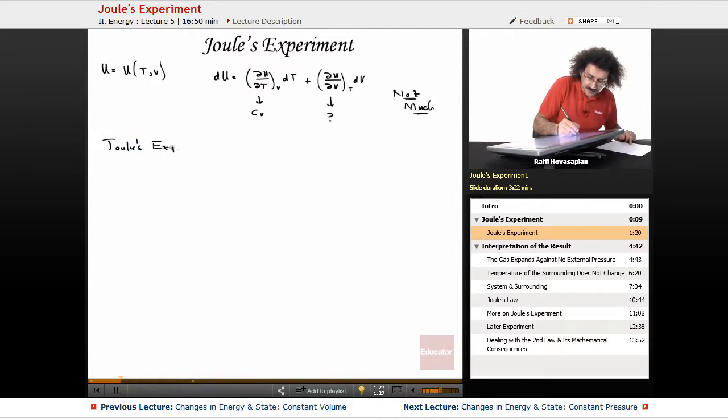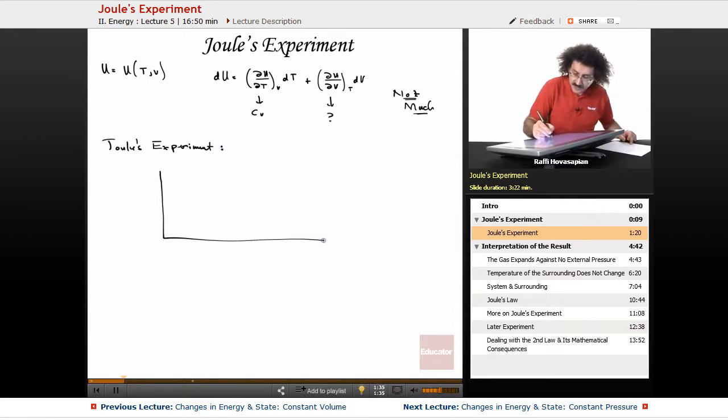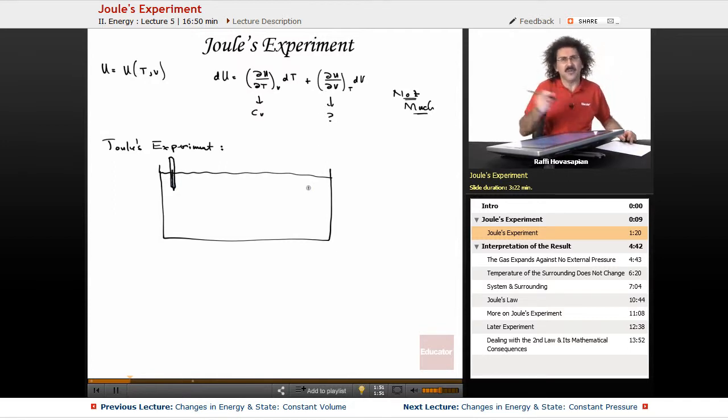Let's go ahead and draw out what it is that he did. He came up with something very, very ingenious. So this is going to be water, and of course this water has a thermometer in it to measure its change in temperature. There's also a little stirrer in here to make sure that the water is stirring up well.